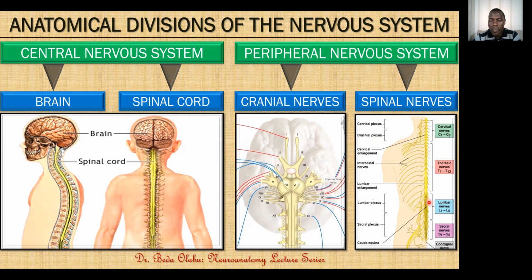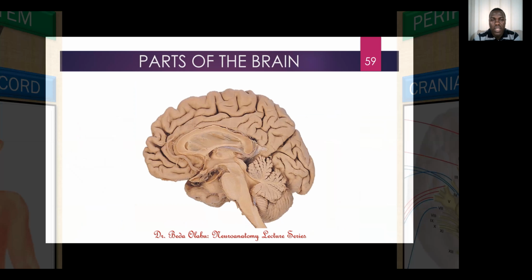Don't confuse the pairs of spinal nerves with the number of vertebrae. So this is how we divided the nervous system anatomically.